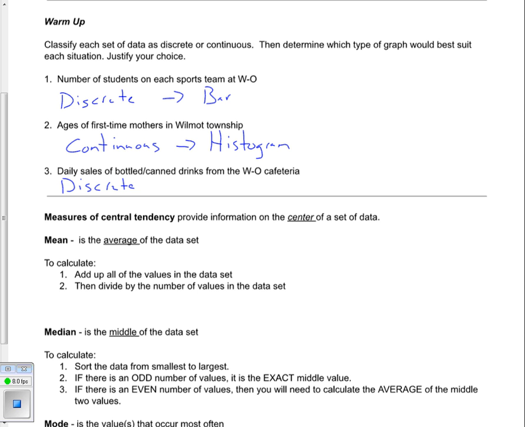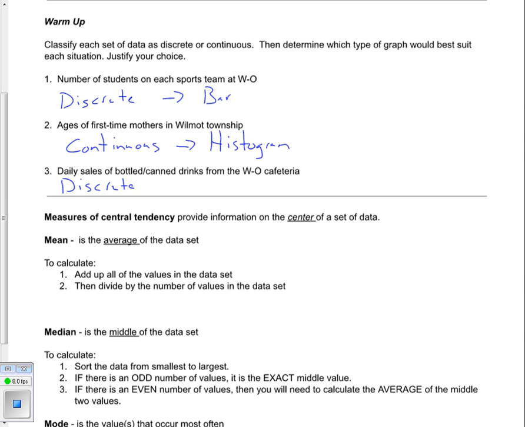I would actually choose this to be written as a line graph, particularly if you're looking at it beyond 1 week. So if you just had Monday, Tuesday, Wednesday, Thursday, Friday, and that was it, then I would just make a bar graph.